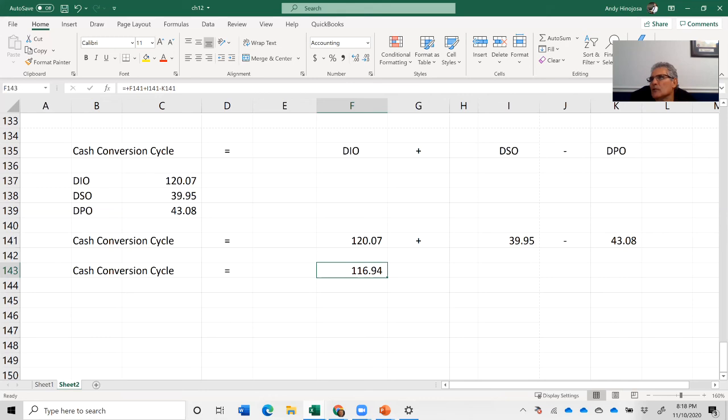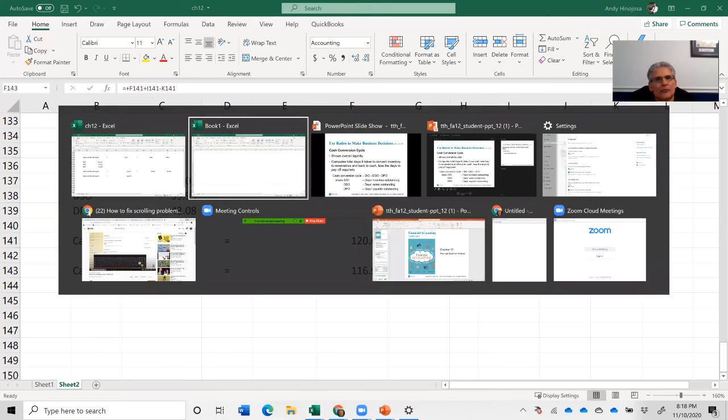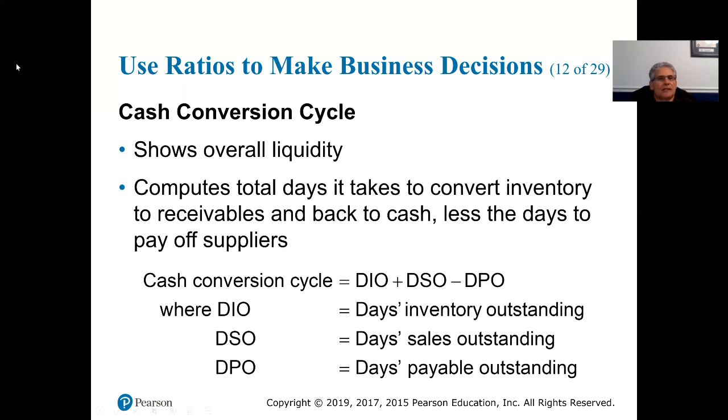Now, what does that really tell us? Slide 33 shows that the cash conversion cycle shows the overall liquidity of a company. It computes the total days it takes to convert inventory to receivables and back to cash, less the days to pay off suppliers. For how many days do we need to finance this operation?